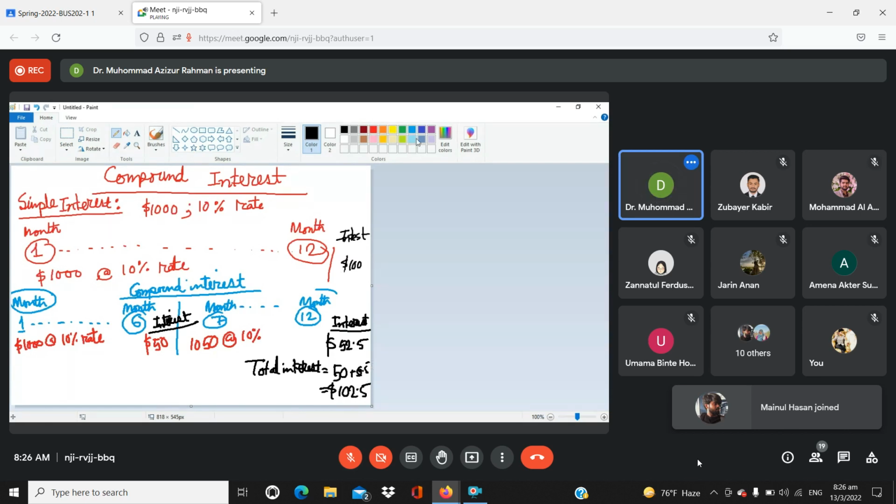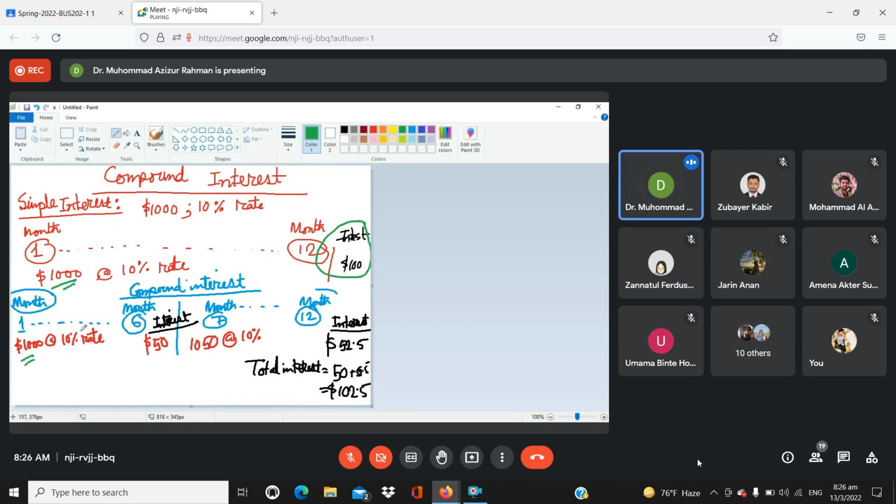So you can see here, if simple interest, one conversion, you are getting interest of $100. But the same thing, same amount, everything the same, nothing changed. Here also you are investing 1000, here also annual interest rate is 10%.